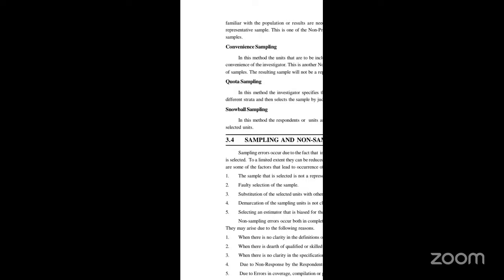Purposive or judgment sampling, convenience sampling, quota sampling, and snowball sampling. These are the methods we can use.